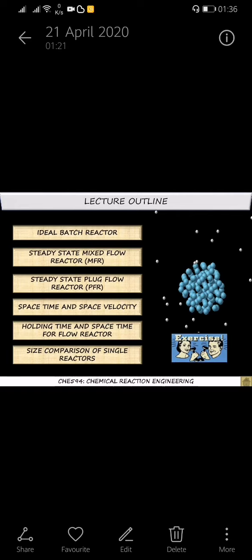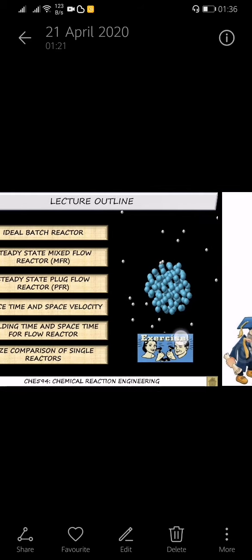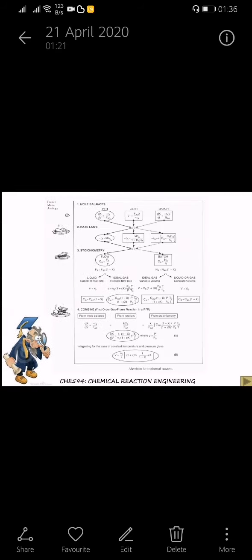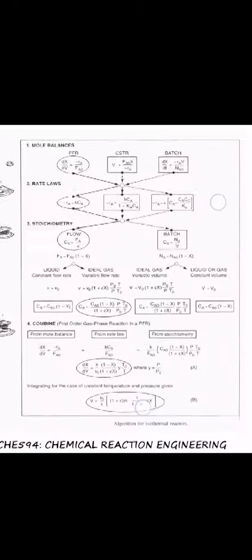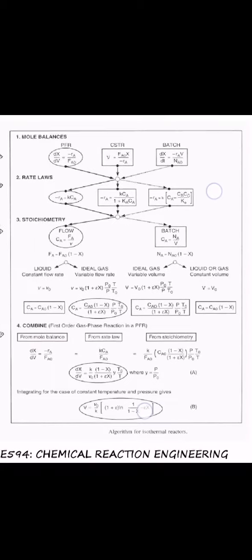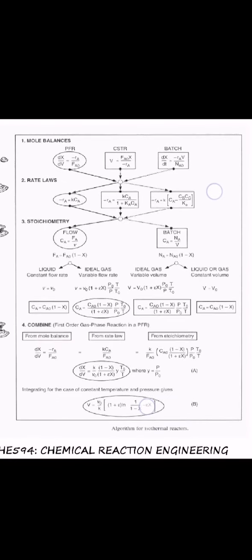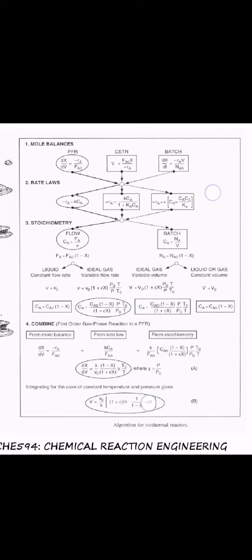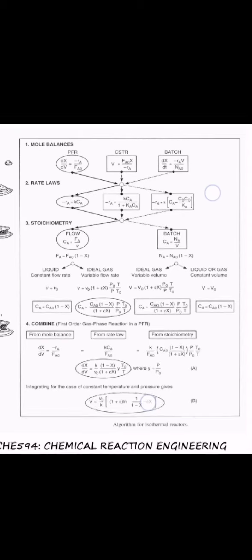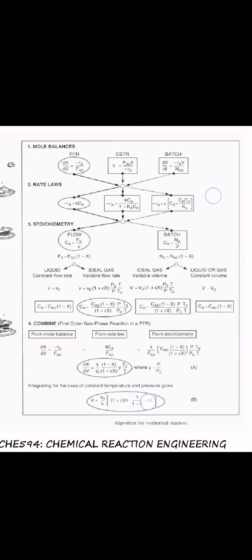Before I continue further, I just want to step back to the previous slide. This slide is the summary of what you will have learned in topics 1, 2, 3, and 4.